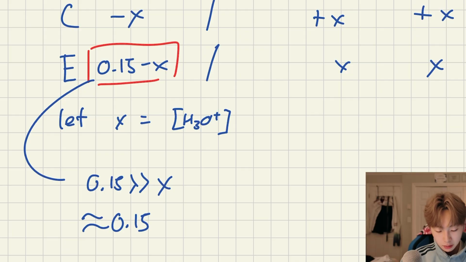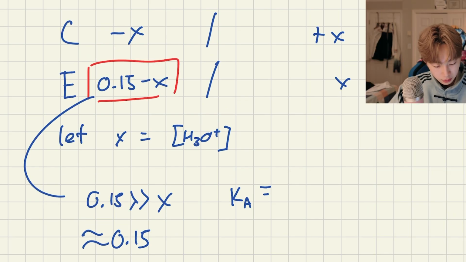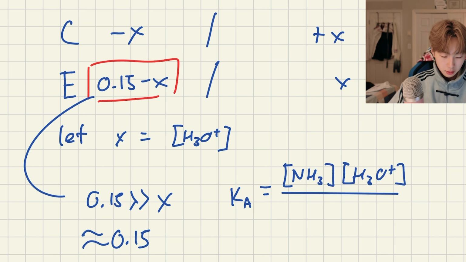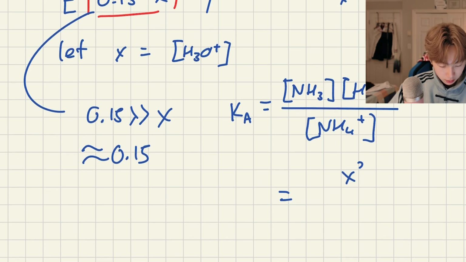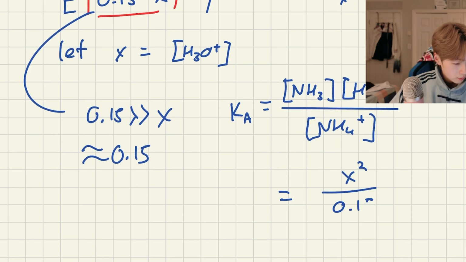Now we write our equilibrium constant expression, or Ka. It's gonna be equal to the concentration of NH3 times the concentration of H3O+ over the concentration of NH4+. And that's gonna be equal to X squared over 0.15.